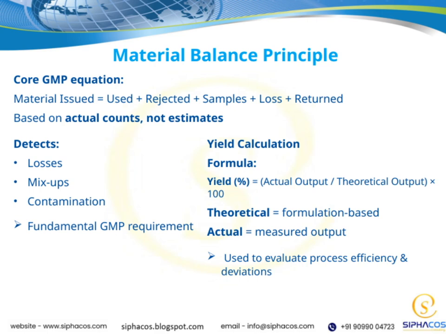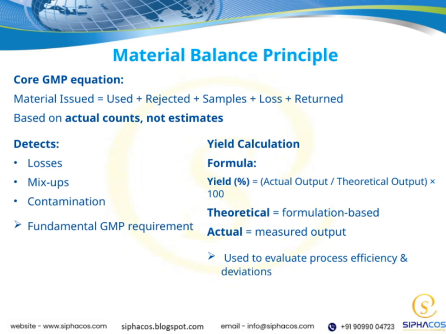Now, moving on to the material balance principle. This is a core GMP equation, and it states that the material issued should equal the sum of used material, rejected material, samples taken, any losses, and returned material. What's important here is that these figures are based on actual counts, not estimates, ensuring accuracy in our process control.